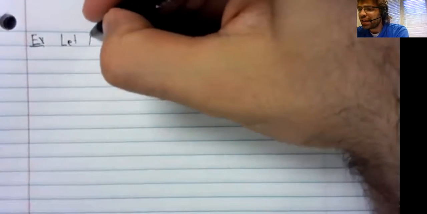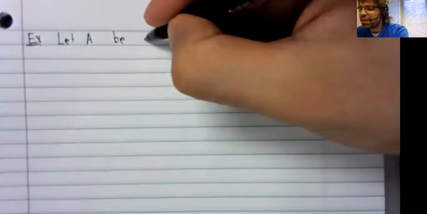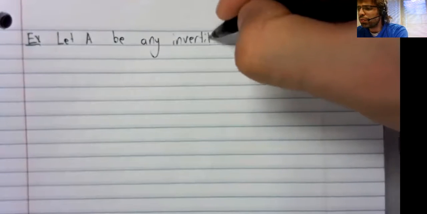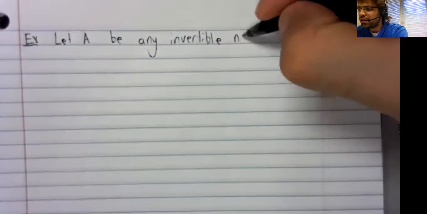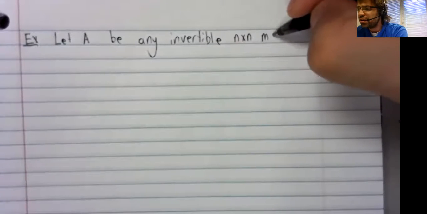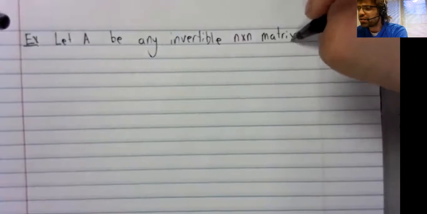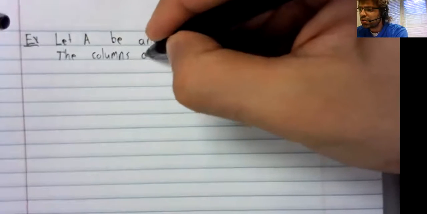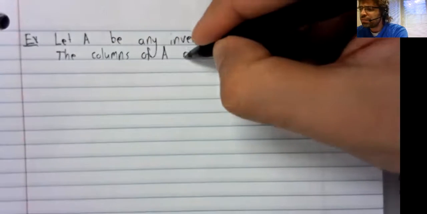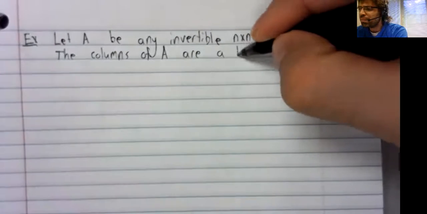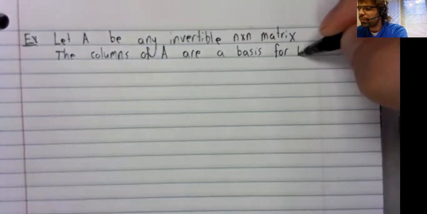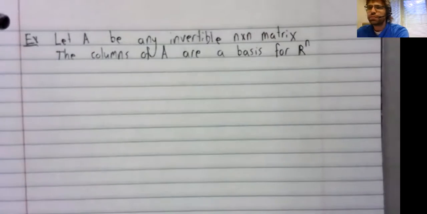Let A be any invertible n by n matrix. The columns of A are a basis for Rn.